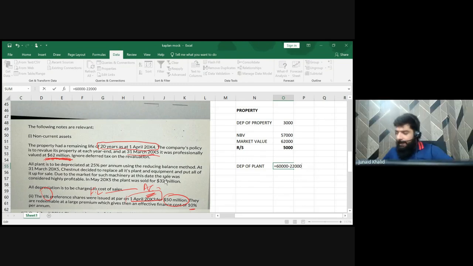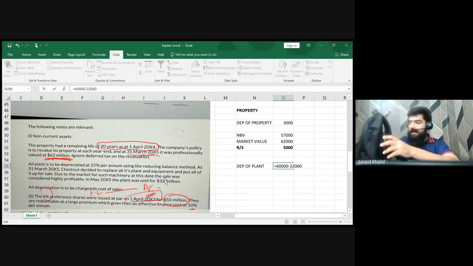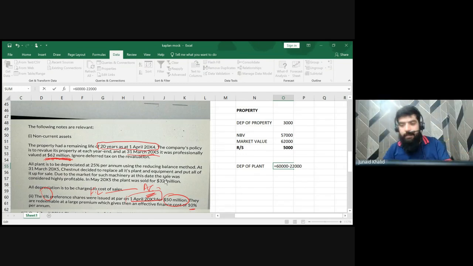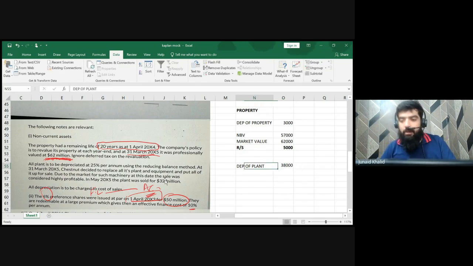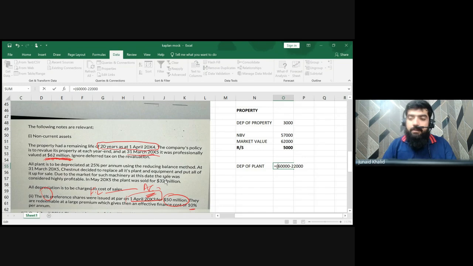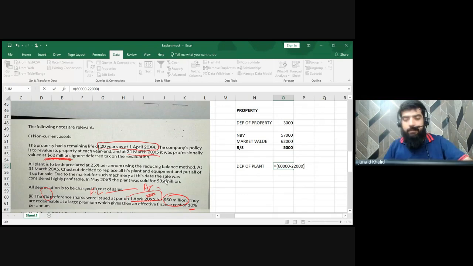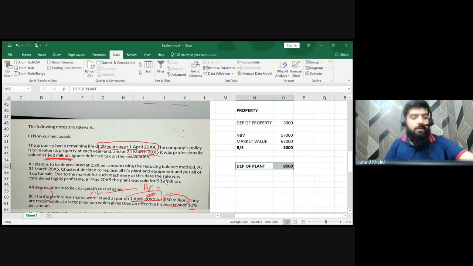We are following the reducing balance method, so cost minus accumulated depreciation, multiplied by the rate of depreciation. What is that rate? 25%. So the depreciation of plant is 9,500.